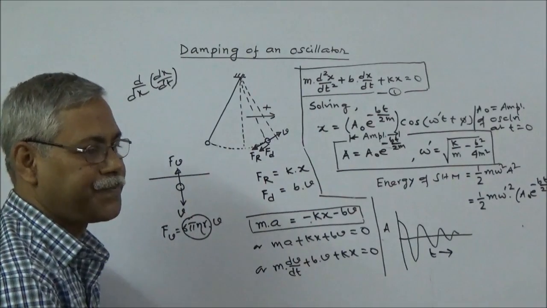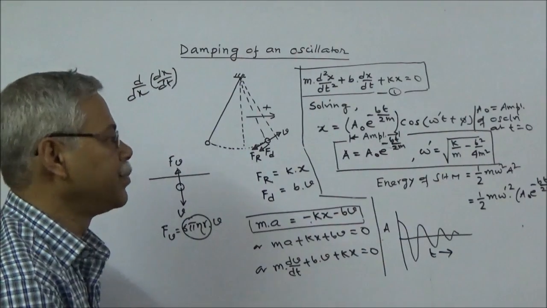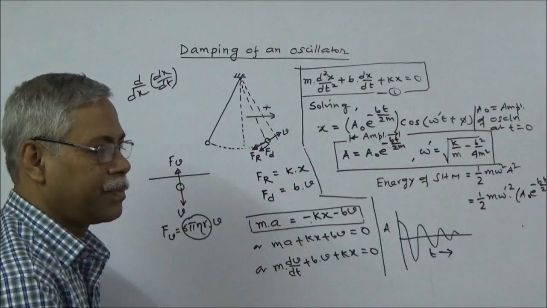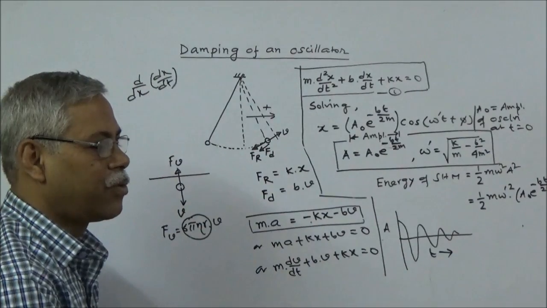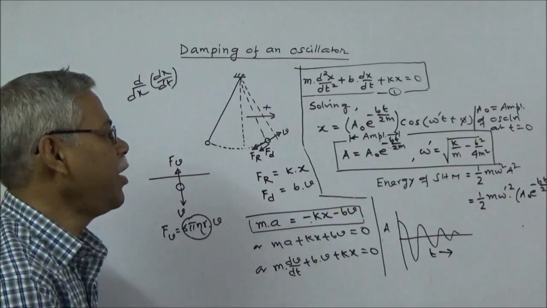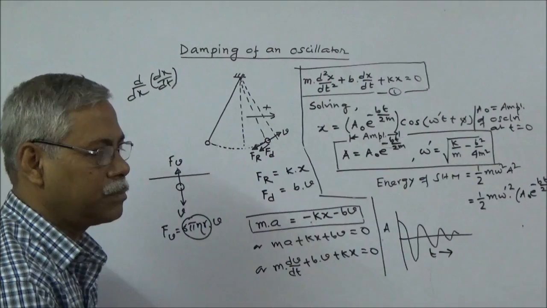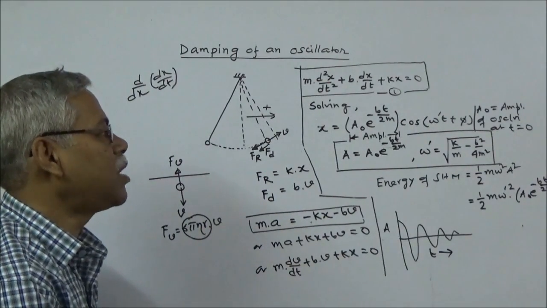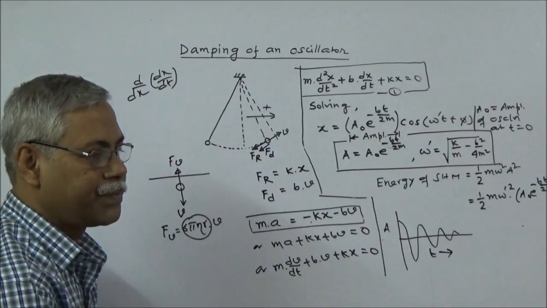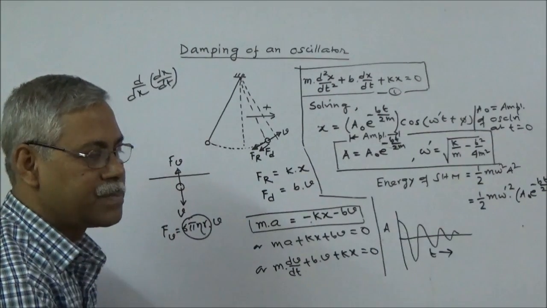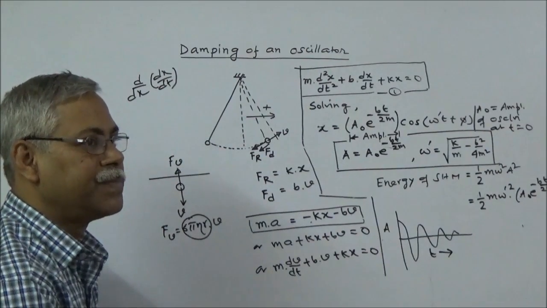Damping force acting on an oscillating body equals 0.5 V. Mass of the body is 10 gram.